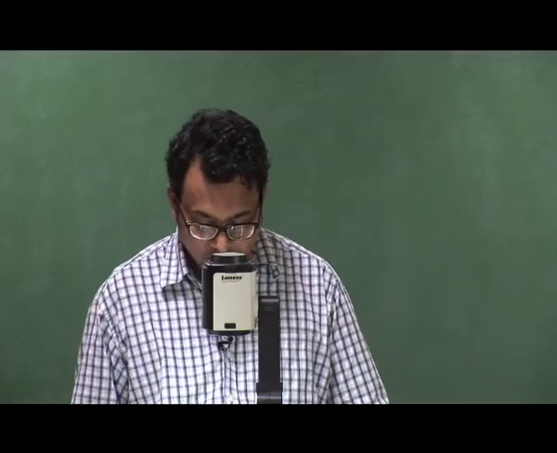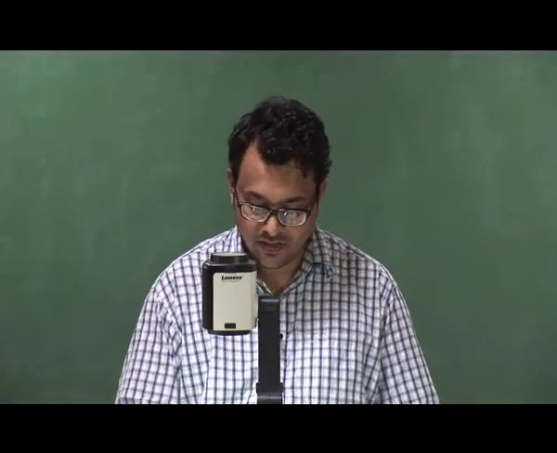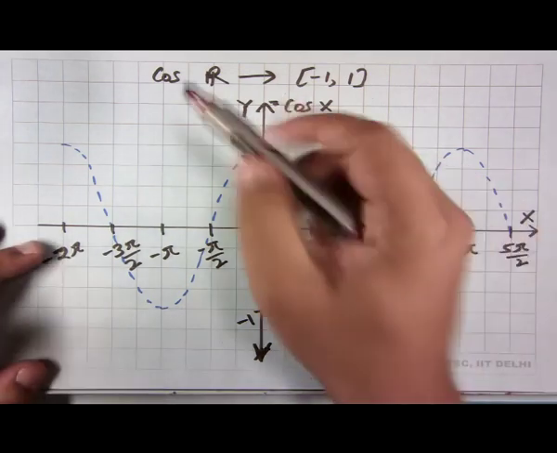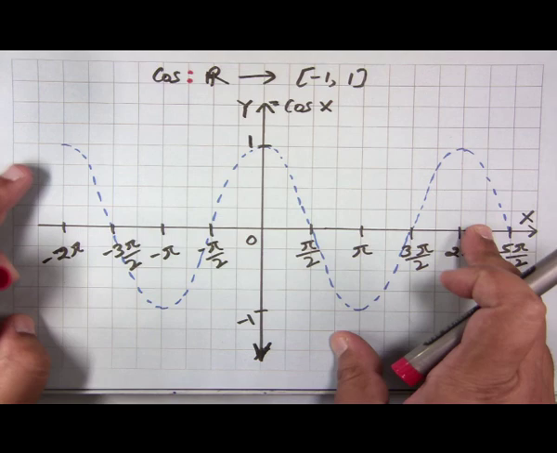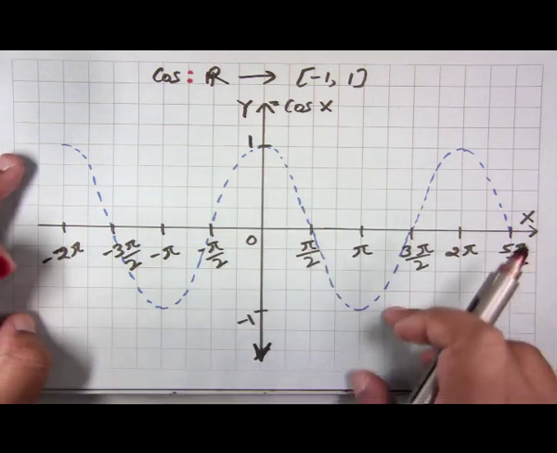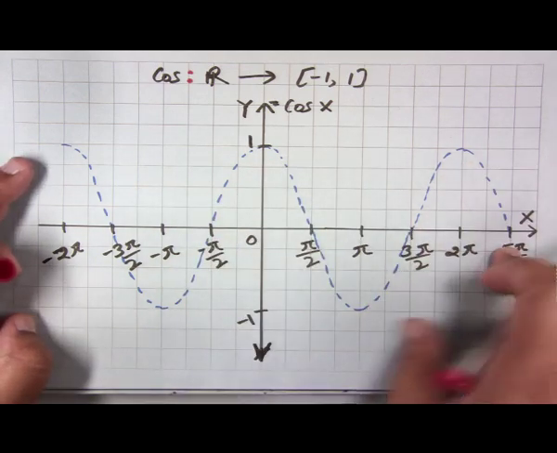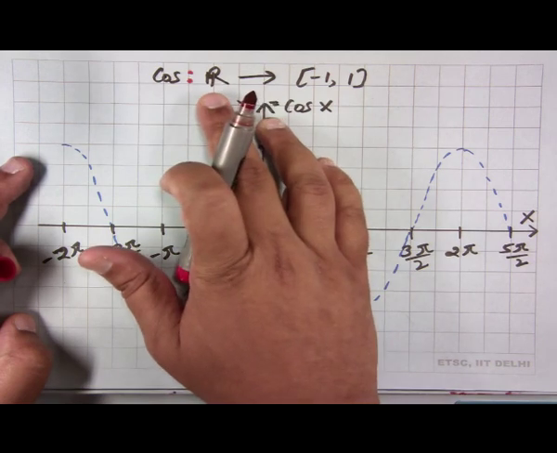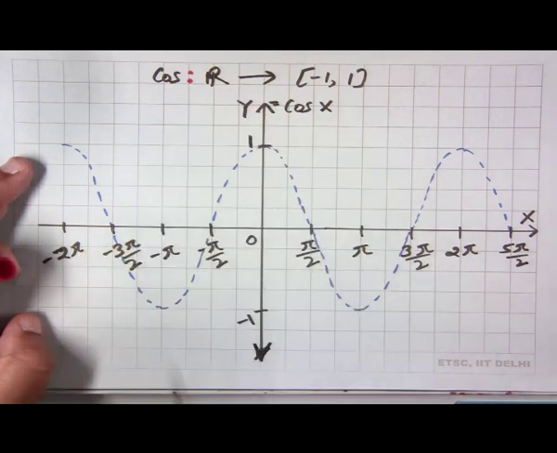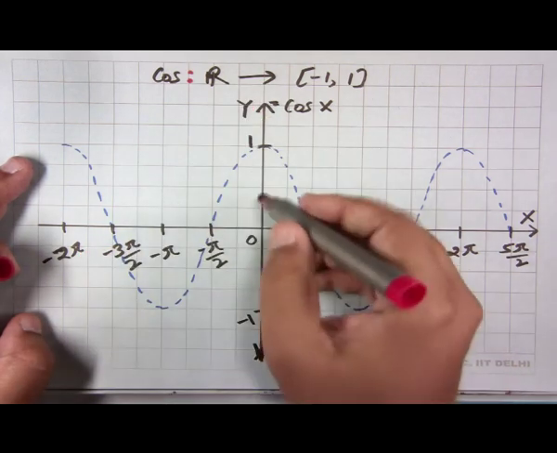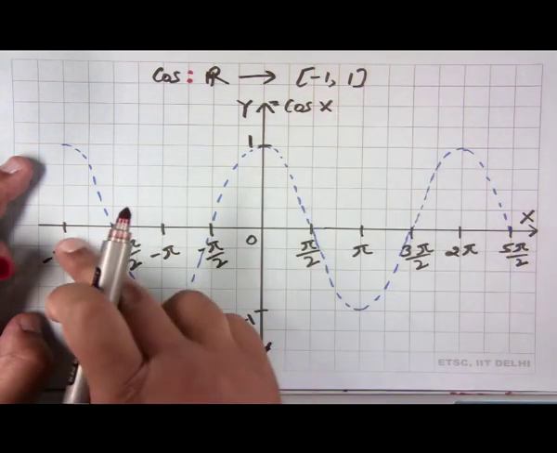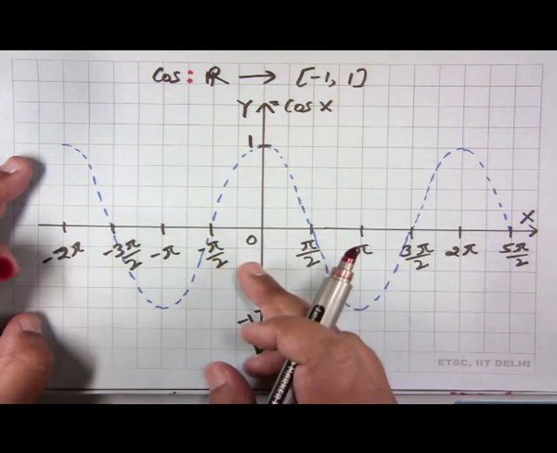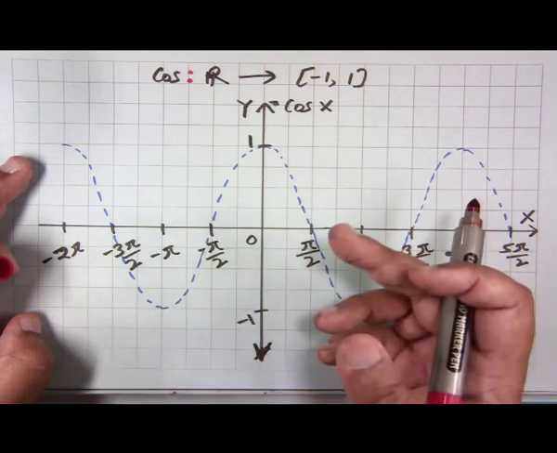Similarly, for cos y also we see that if we do not restrict the domain of the cos function, then again, because it's a periodic function, with the domain as the whole real line, we cannot define its inverse meaningfully, because for any value of y that we take in the range of this cos function, there will be many different values of x for which cos x will be equal to that y.